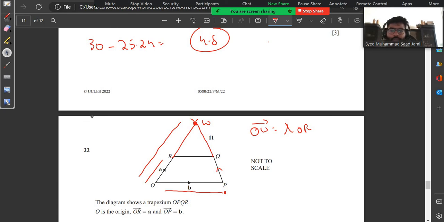So OR is basically A. So you can write it down like this: OW is equal to K times A. Let's use the value K. So KA. Alright. So OW is also OP plus, let's use the value Y over here, Y times PQ.